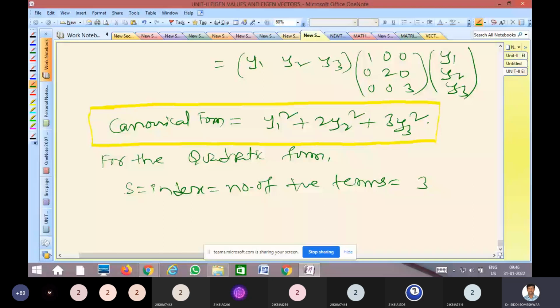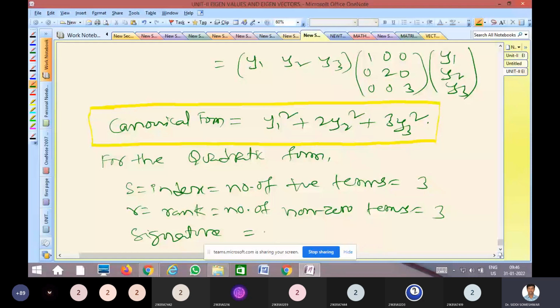And rank here, rank is the number of non-zero terms. That is also 3. And the signature, that is 2s minus r.